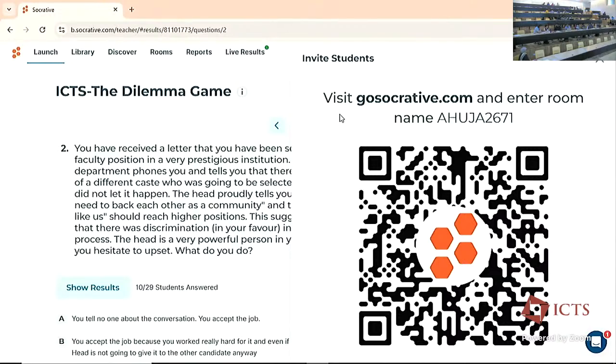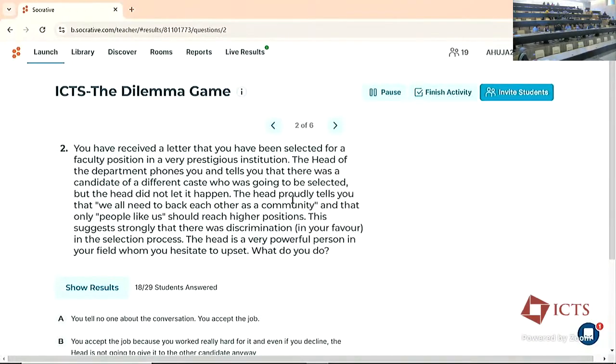Okay, let's vote. Please vote. Okay, let's see what people are voting. It's still only 18. Yeah. Don't show till they vote. They'll get influenced.